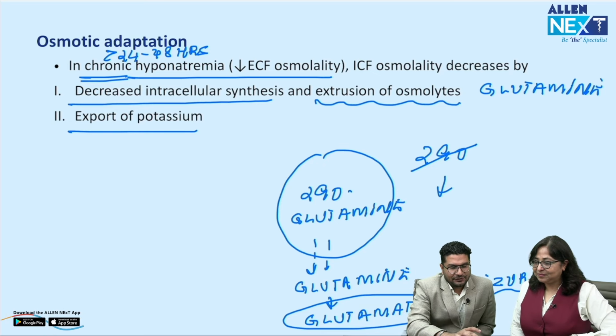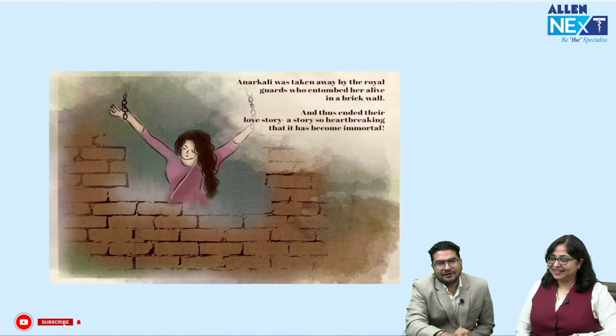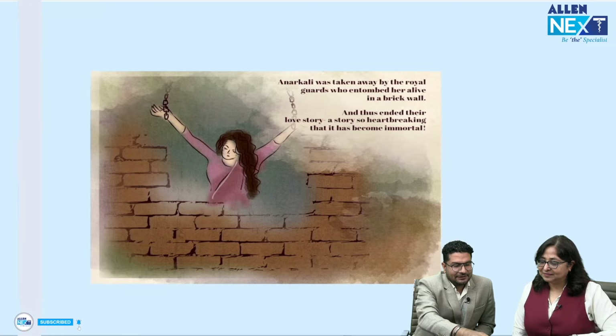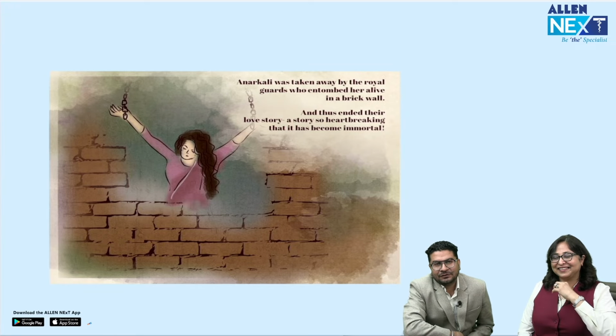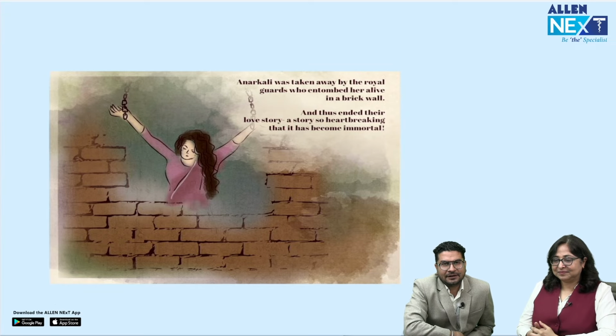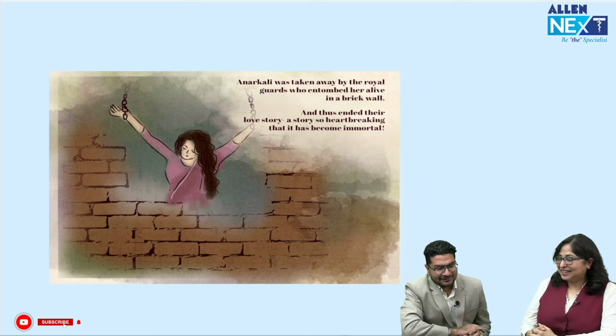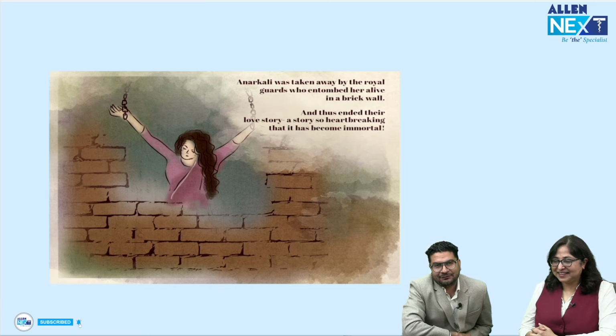Okay, so there is a short story behind this. Many of you know this story, Anarkali and Akbar. Even my history is not that strong now, but I just remember what Akbar was doing.